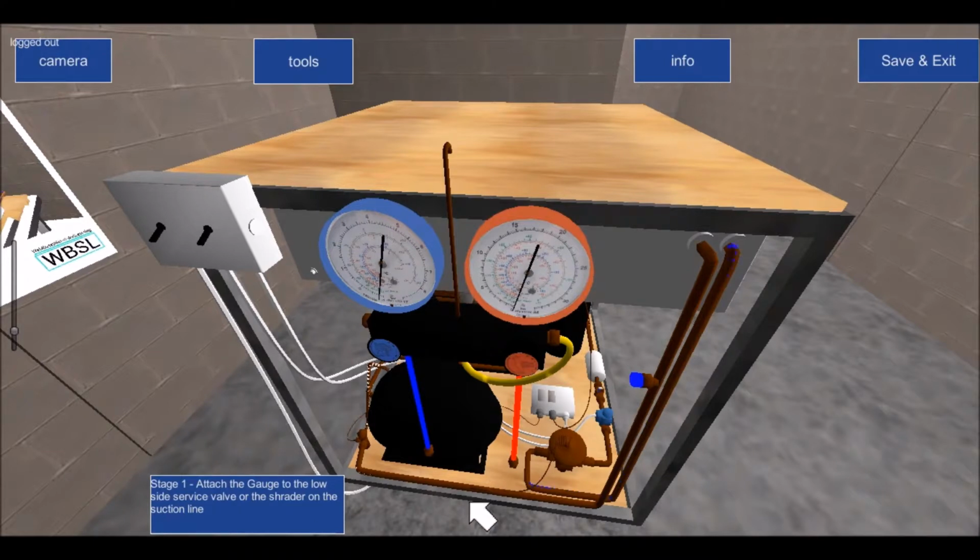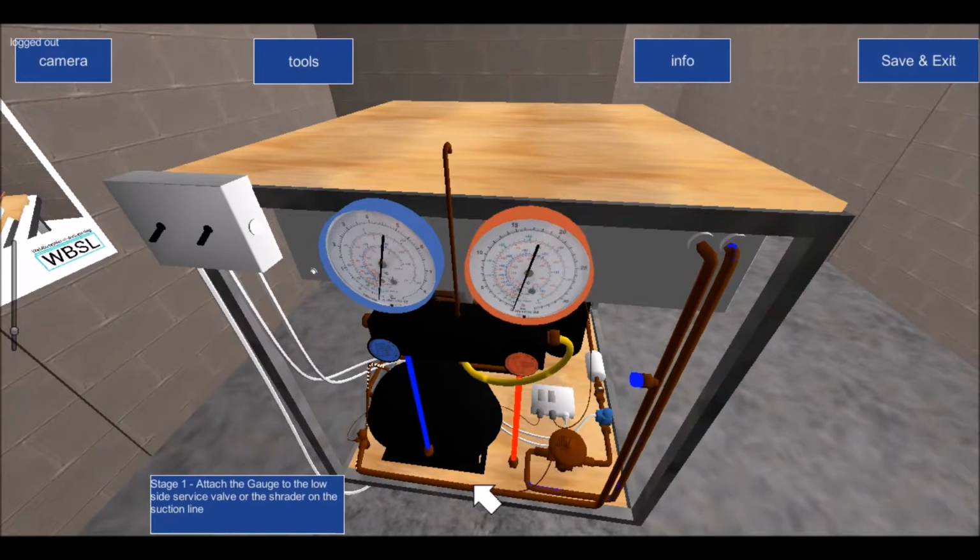So when we put a set of gauges onto the system, as a precaution, and this is what we refer to as inadvertent venting as opposed to deliberate venting, we have to vent some of the vapor that's in those lines out to atmosphere.